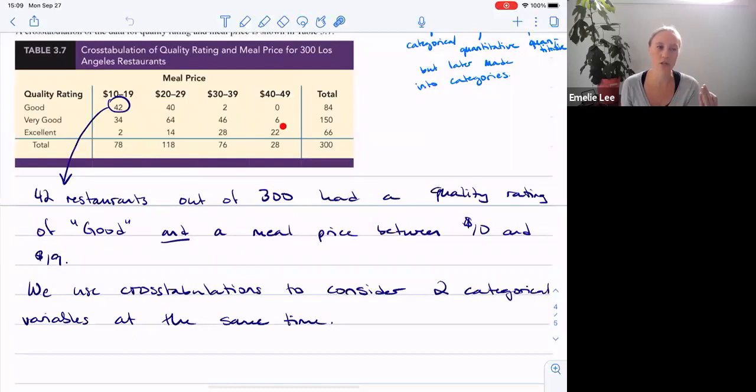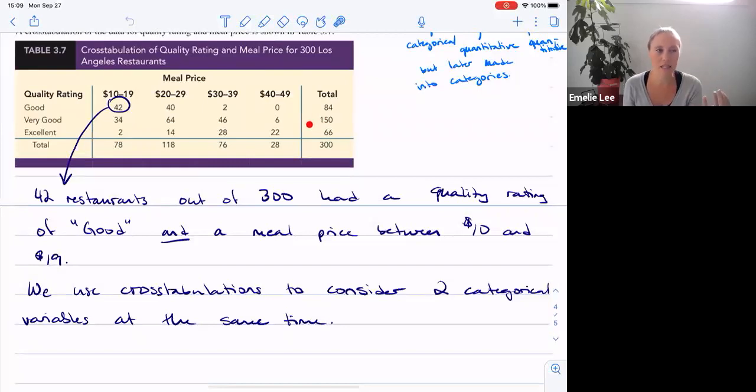And then we could say, 6 out of 150 had a price of $40 to $49 in the very good category, because it's out of 150. Now we're focusing on that very good category, right? And so there are lots of things that we can say here.